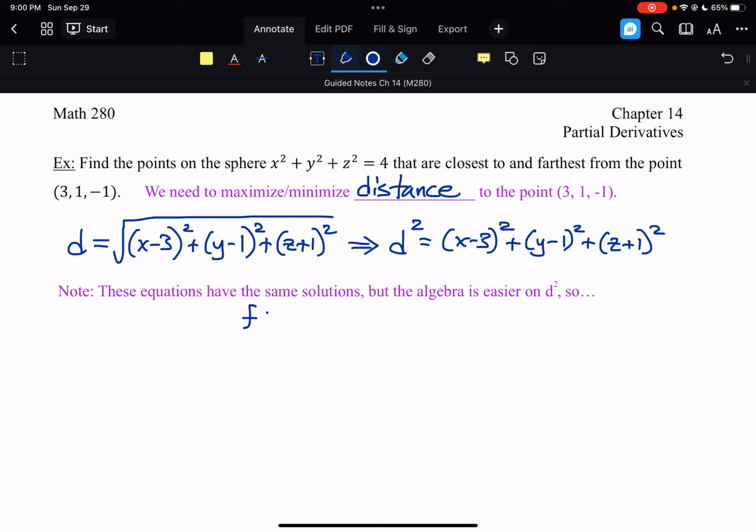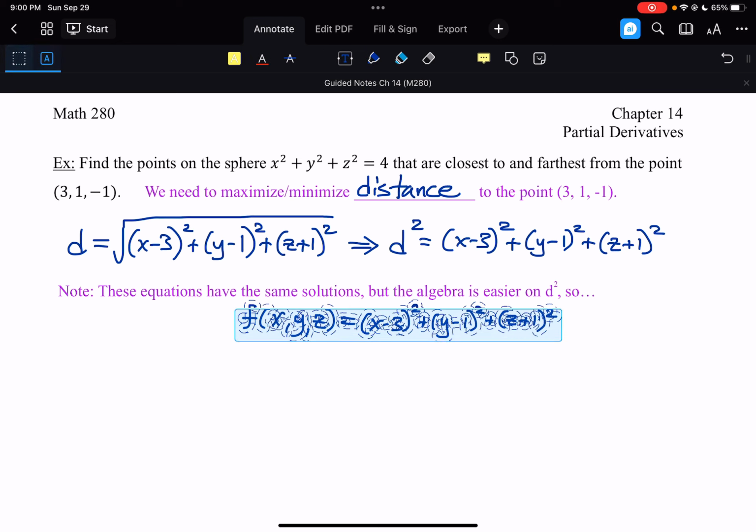So f of x, y, z, our function in this case, will be equal to (x minus 3) squared plus (y minus 1) squared plus (z plus 1) squared.